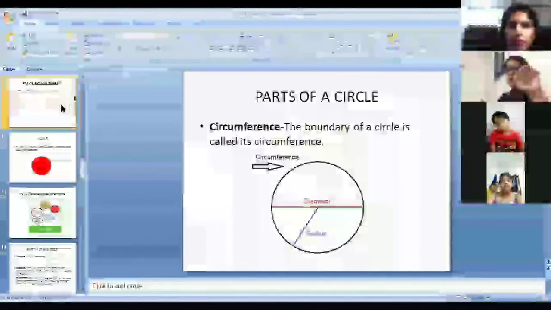Now coming to the next question. The last one. Now which shape is this, children? Which shape is this? Yes, Divyajot.